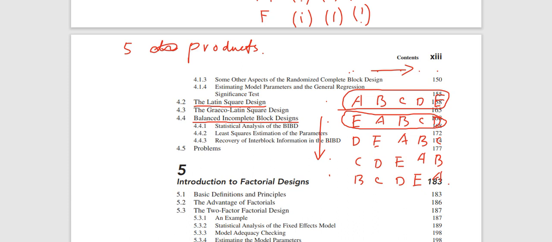We want to compare those 5 products or drugs, but each time we cannot compare all 5. Sometimes we can only compare 3. Suppose we need to test them but my facility is not enough, so each time we can only test 3.